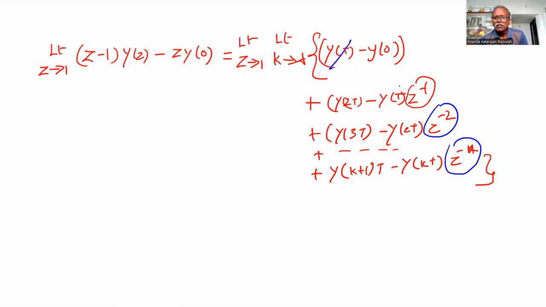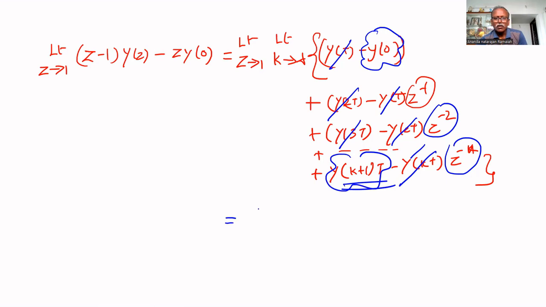Y of t, these two getting cancelled. This and this getting cancelled. 2t getting cancelled. Except this term, all terms except this and this getting cancelled. Therefore, we can write limit k tends to infinity y of (k plus 1)t minus y of 0.